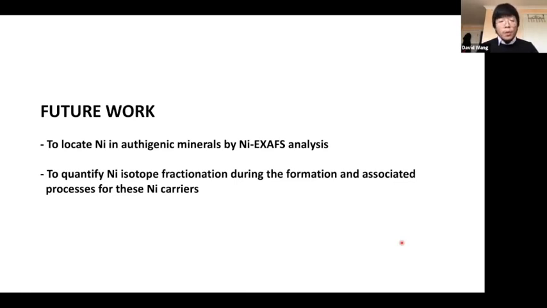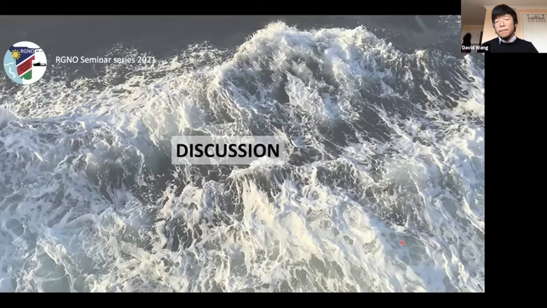If we know which minerals nickel possibly locates in, then we could try to quantify nickel isotope fractionation during the formation and associated processes of this nickel carrier. Then we have a constraint, and we can use it as a robust geochemical tracer. And I think my talk will end here, and thank you.